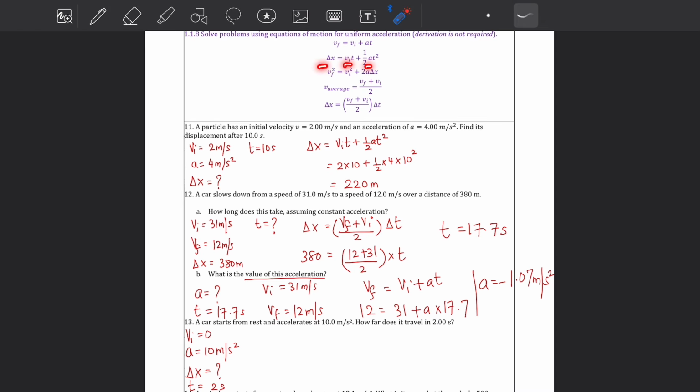So that is this second equation. Delta x equal VIT plus half AT square. VI is 0 multiplied by 2 plus half multiplied by 10 multiplied by 2 square. That's going to give us 20 meter.